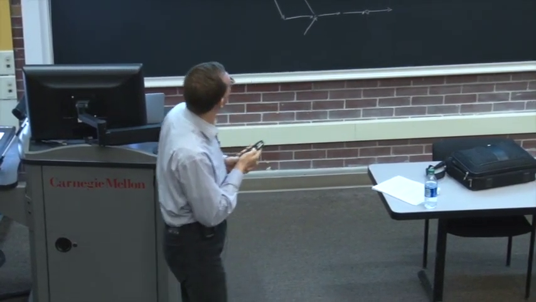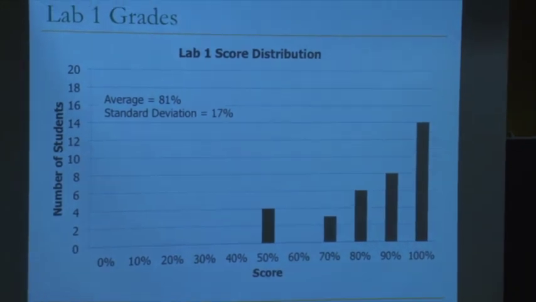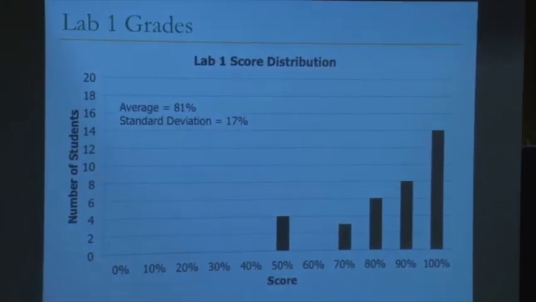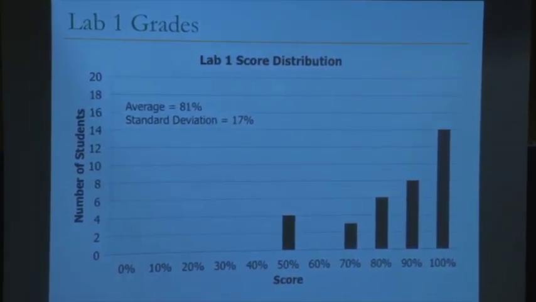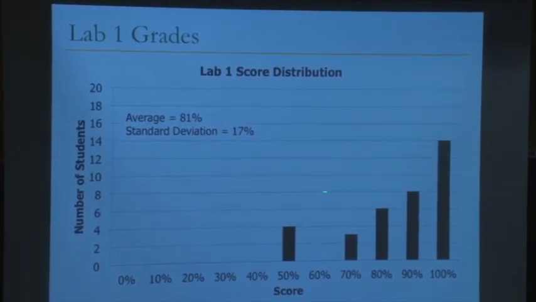And this is a Lab 1 score distribution. I'm happy to see that the curve is actually like this. It's like an exponentially increasing curve going toward the right. That's a good thing. If you're doing well on the labs, that's good. If you're around here, I'd encourage you to get your lab correct, just for learning.